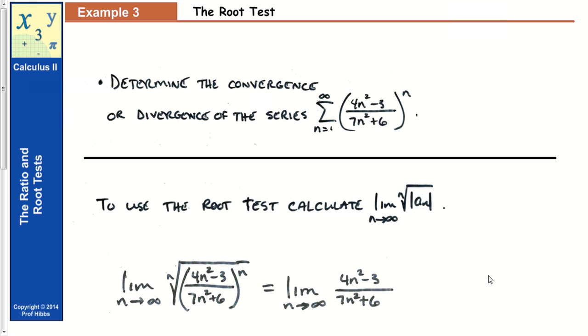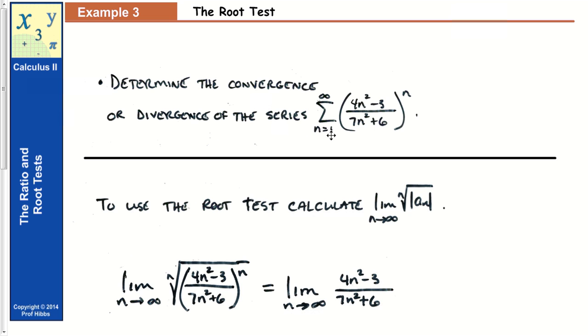Now, here I have to be a little bit more careful about taking the absolute value away, because I have this -3. I mean, clearly, if n is positive, this denominator is going to be positive, isn't it? It's not so clear when we have subtraction involved that the numerator would be positive, but the smallest n is 1, and so we'd have 4 minus 3 in that case, which is positive.